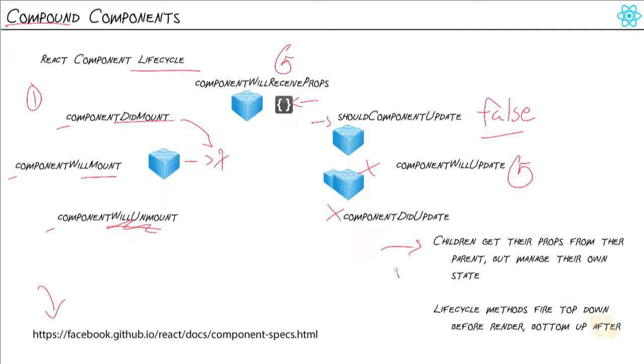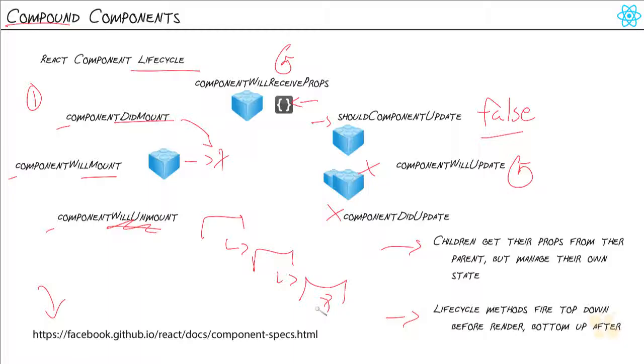Another important thing to note about these lifecycle methods is the order in which they fire. They basically fire top-down before render and bottom-up after render. What do we mean by that? Well, component will mount is going to fire on a parent component before it fires on a child component, which will fire before a child component of that. That happens before render, so it's top down prior to rendering.